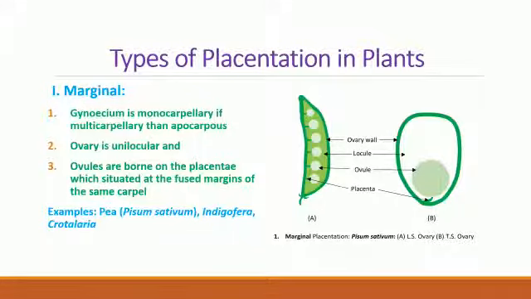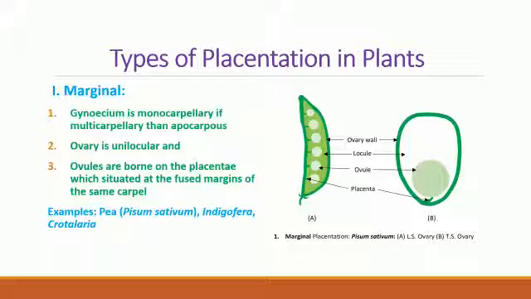In this type of placentation, the gynoecium is monocarpellary. If multicarpellary, then it must be apocarpous. The ovary is unilocular and the numerous ovules are borne in one or more rows on the placenta, which is situated on the fused margin of the same carpel.